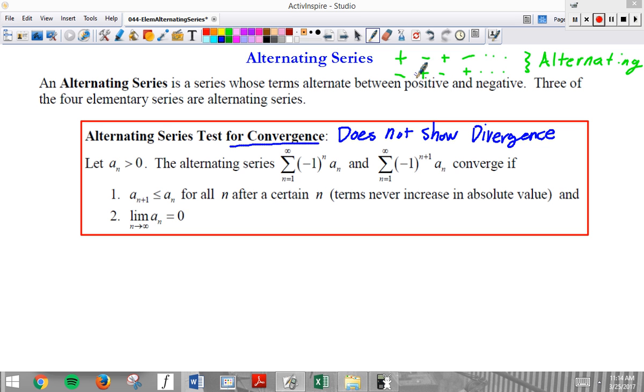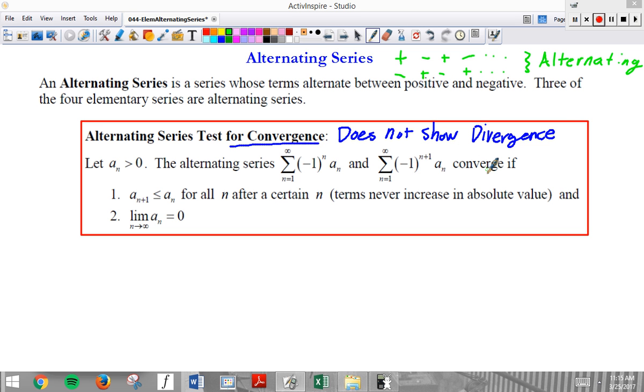That's what an alternating series means. If it were not always positive, then you would have some weird stuff going on. So again, don't just look for the negative 1 to the n or the negative 1 to the n plus 1. Look for an actual alternating series. Actually write out 4 terms. Make sure it's alternating. Okay?